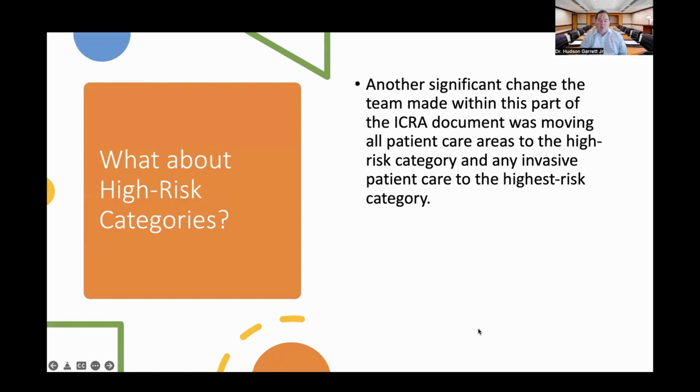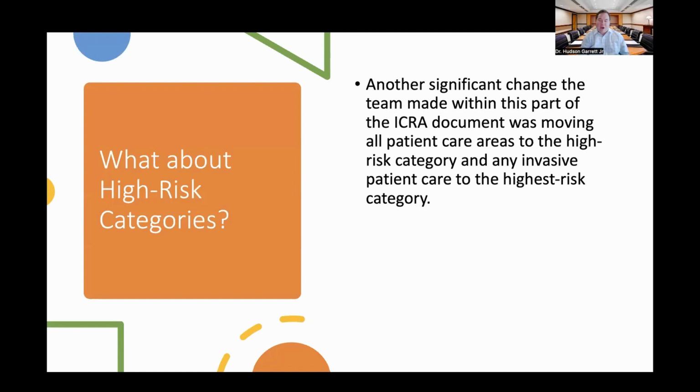So what about high-risk categories, right? So this was a really sort of hodgepodge in the original document, and let's just say that more med-surg activities were classified as lower risk, and of course our intensive care procedural areas were always classified as higher risk.